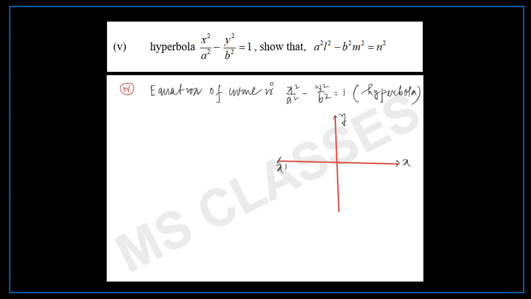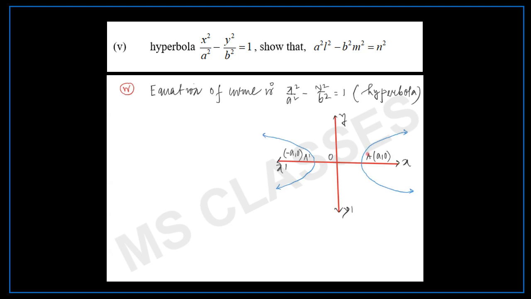X prime, origin, y prime. Now we know here the vertex a comma 0, here a prime minus a comma 0.